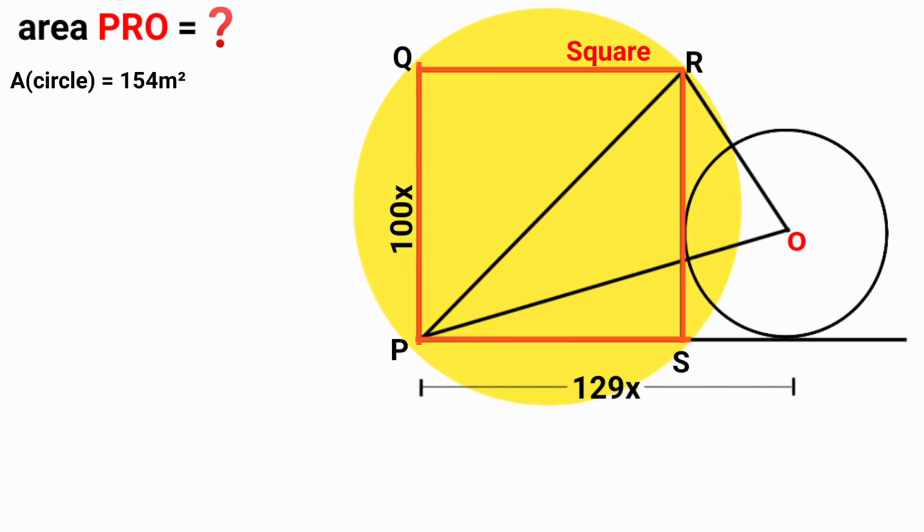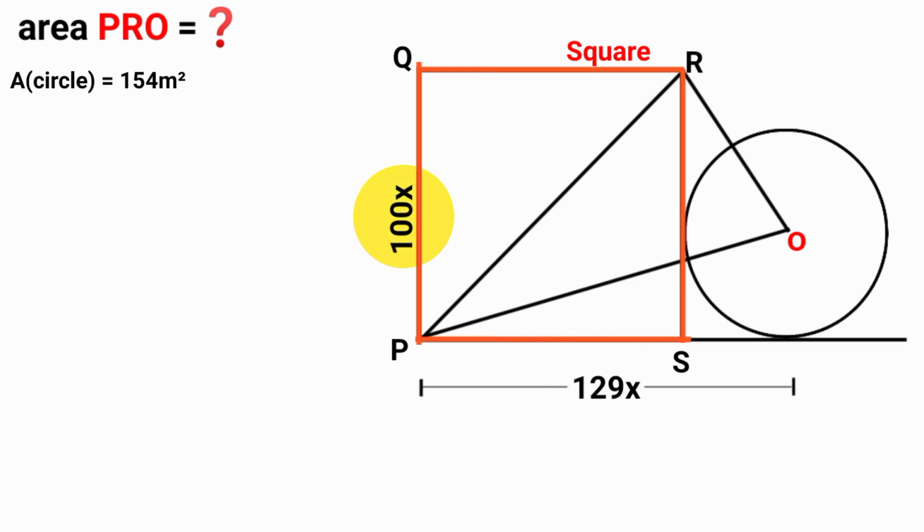Starting from this quadrilateral PQRS, it has the shape of a square, and we know a square is a type of quadrilateral which has all four of its sides equal in length. That is, this side PQ, this side QR, this RS, and this PS are equal in length.